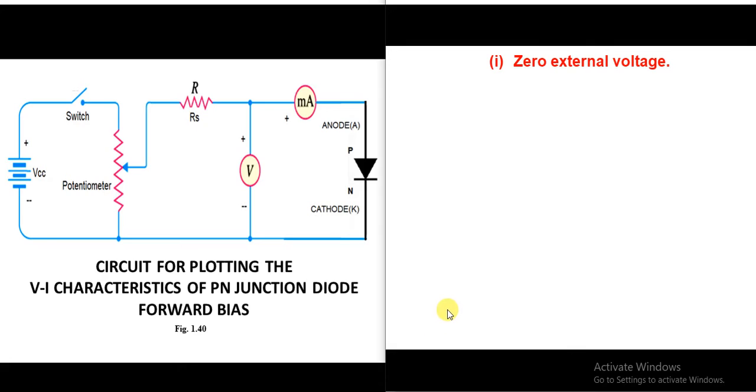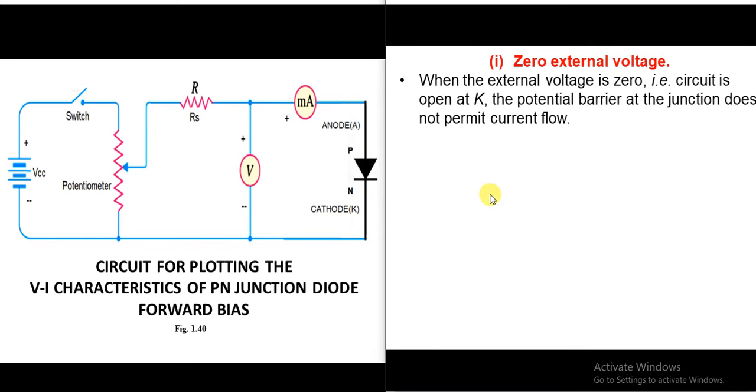Now condition 1, zero external voltage. When the external voltage is zero, that is the circuit is open, let us say at point K. Here I have replaced the point K with a switch. The potential barrier at the junction does not permit any current flow.